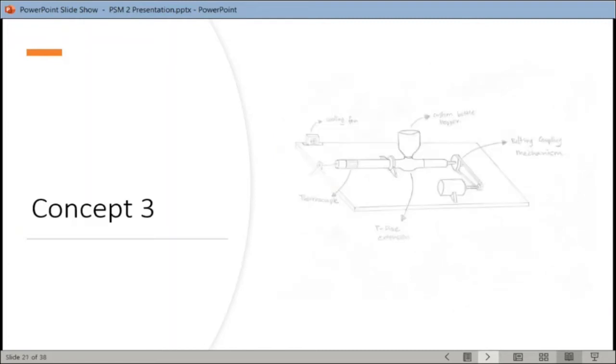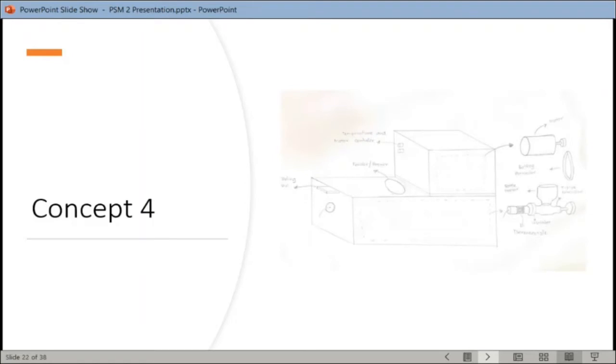Concept 3 used the same stand as concept 2, but it used the T-pipe extension feeder with custom bottle and belting coupling. Concept 4 has a box-shaped housing using the T-pipe extension feeder with custom bottle and a belting coupling.